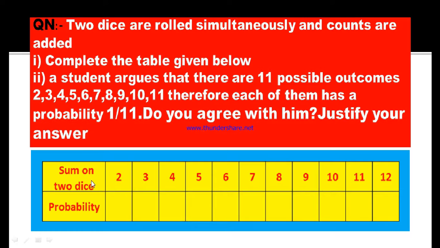If you add them, then the minimum value if you roll 2 dice is 2. Similarly, the maximum value on the first die is 6 and on the second die the maximum value is 6. Therefore, in total, the maximum value is 6 plus 6, which is 12.